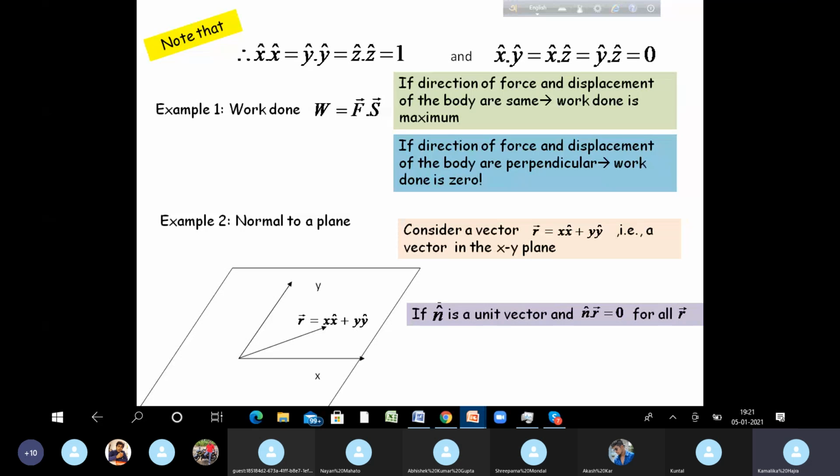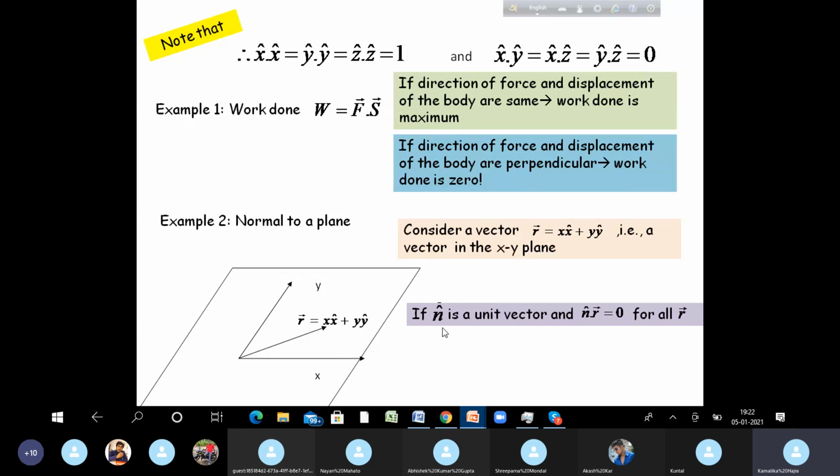Now, if there is a vector n cap, which is a unit vector, and for whatever value of r we have, whatever form of expression of r we have, which means whatever the values of x and y, so depending on the values of x and y, r will be oriented in different manners in the xy plane, right?